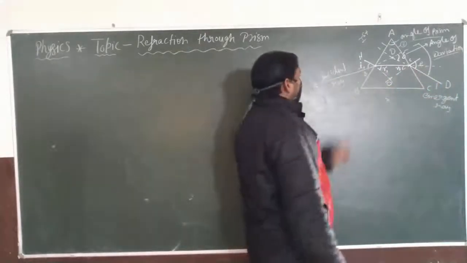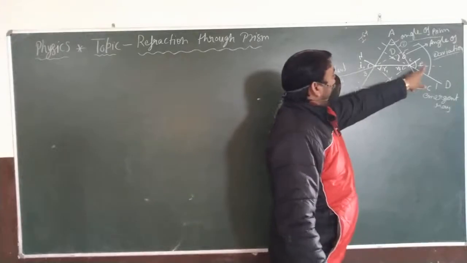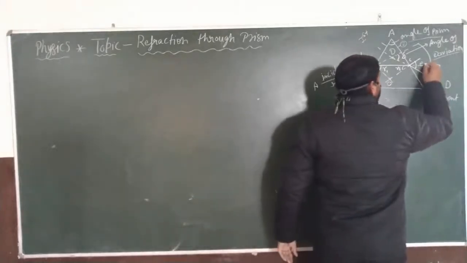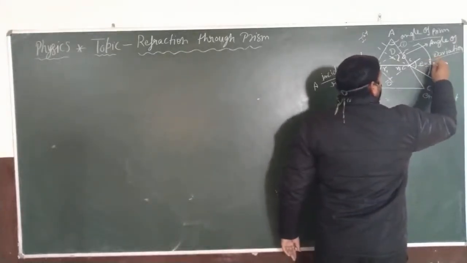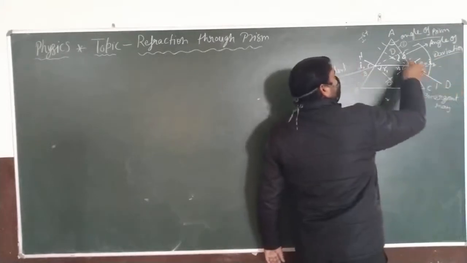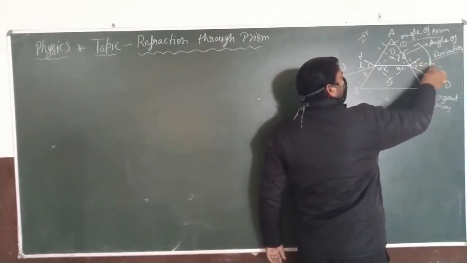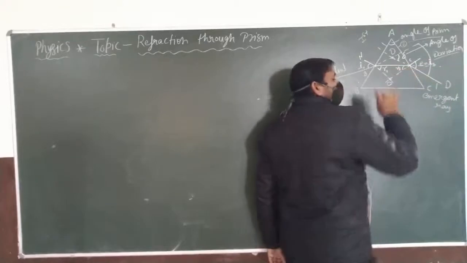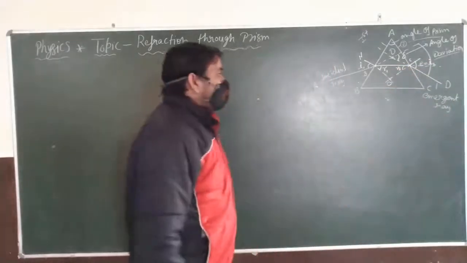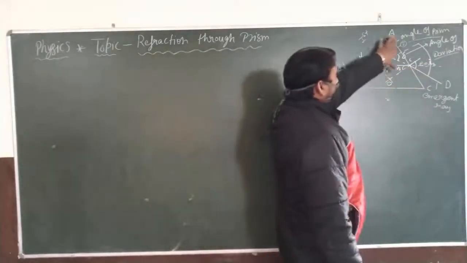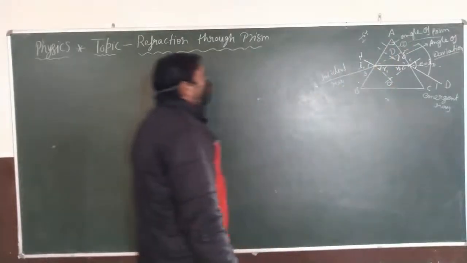This is also termed i2: if the ray is passing from here, the angle of incidence with the normal is i2 and the angle of refraction is r2. Is it clear to all? Understood from the figure.